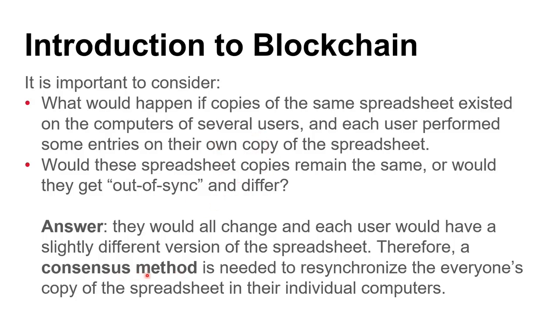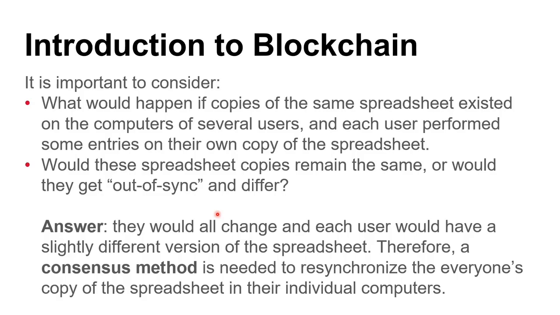So therefore, a consensus method is needed. And what happens with the consensus method is we all enter the transactions, and there is a consensus algorithm, which we'll talk about shortly, that allows somebody to be the first one to display the transactions to the whole network, and then the network can vote.